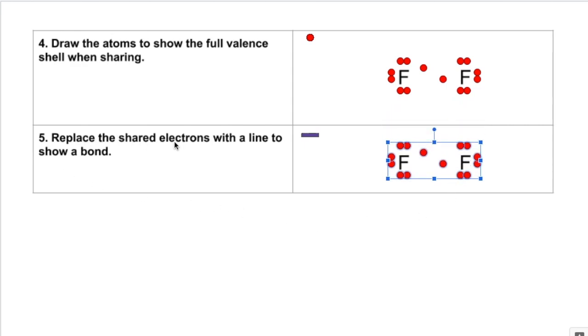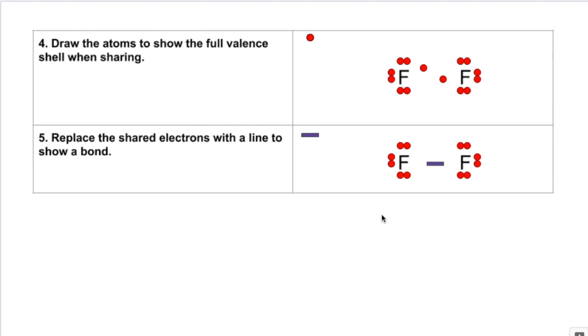Okay, so we're going to replace the shared electrons with a line to show the bond. Okay, so here are my 2 electrons, and I'm going to replace them with a bar. Okay, so I'm going to go ahead and delete the 2 electrons. Okay, so each bar represents 2 electrons.